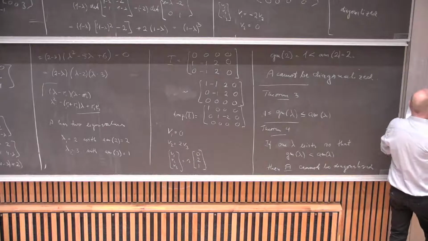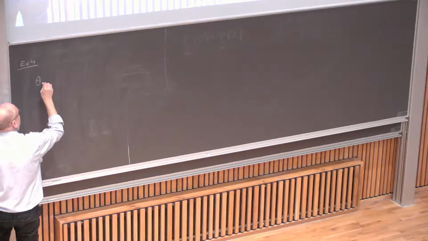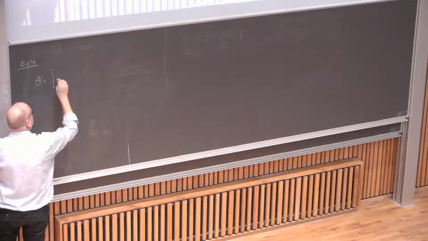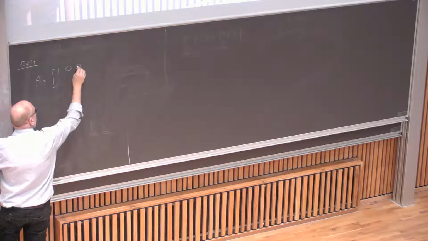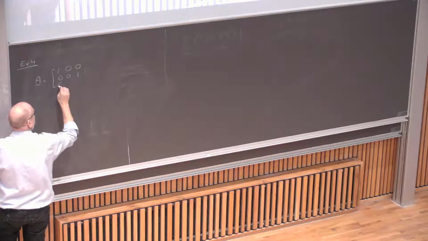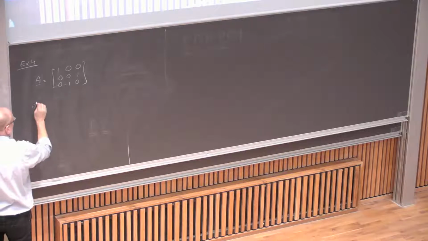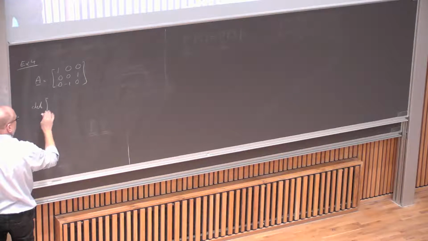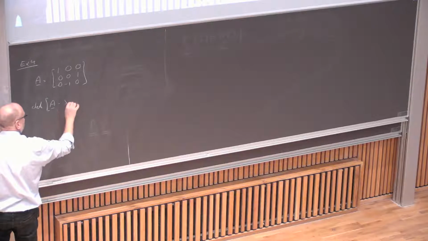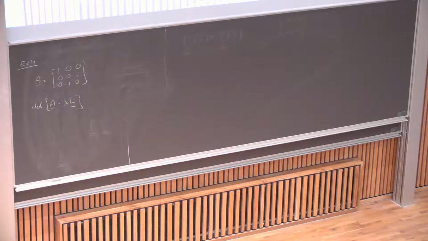Okay, I have the last example. I have here A equal to (1, 0, 0), (0, 0, 1), and (0, -1, 0). And you want to find the eigenvalues. Form the characteristic matrix and take the determinant in order to get the characteristic polynomial.